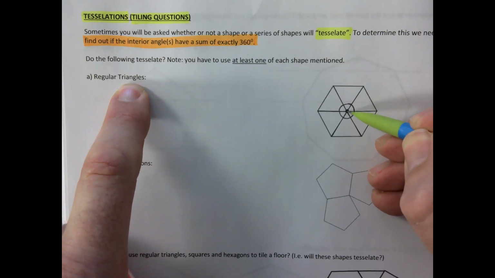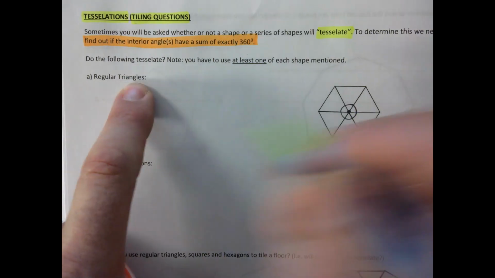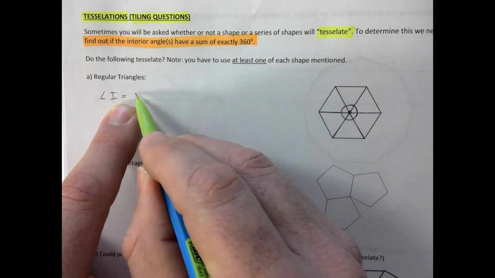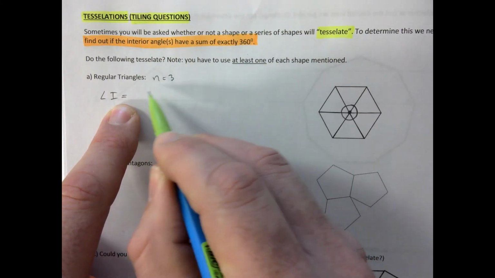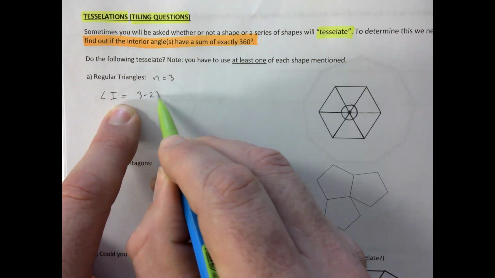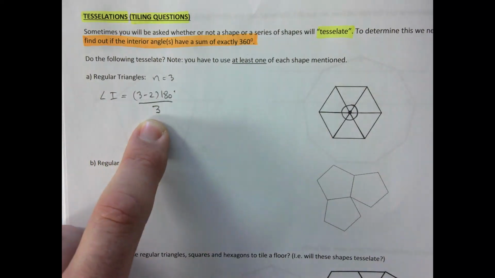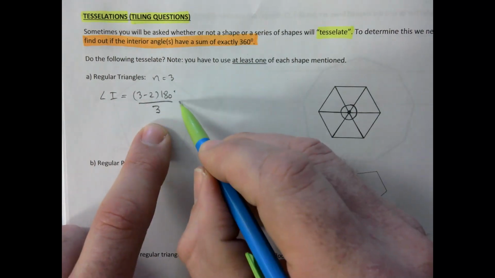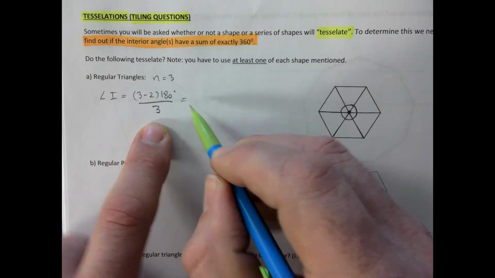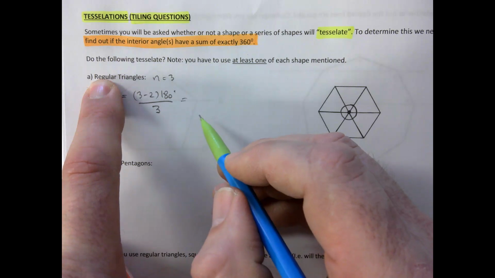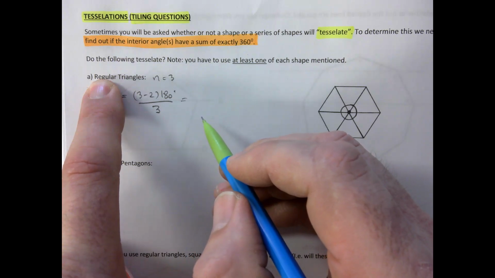If it's a regular triangle, what are the interior angles of a regular triangle? n is equal to 3, correct? So we go (3 minus 2) times 180 divided by 3. Some of you need to make sure you have this formula right. A regular triangle is really an equilateral triangle, would you agree with me on that?